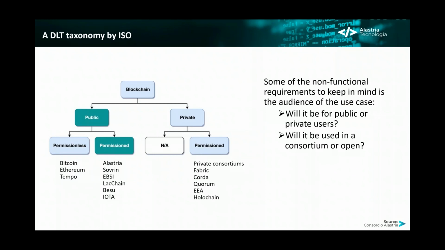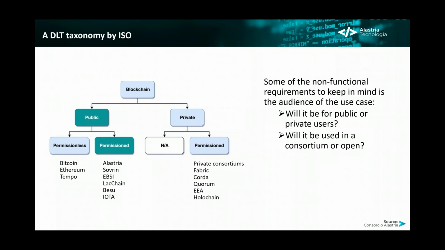That is important because when you start to design your system, you need to think: is it going to be for the open public, or is that not required because it's a private consortium? It's something that is for me and my friends and nothing else. In that case, maybe you don't need to go to a public network, and you can create your own network with very few nodes inside. Okay, that is also important.